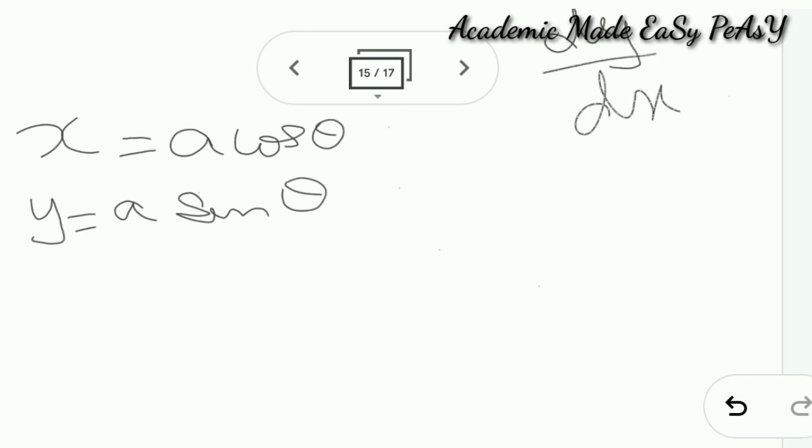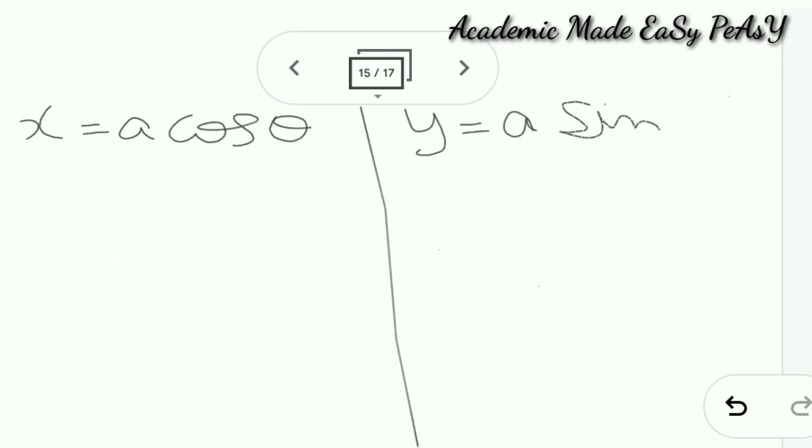So I will be taking the derivative for this and the derivative of this. Let me take dx by d theta, as we did for dy by dx.